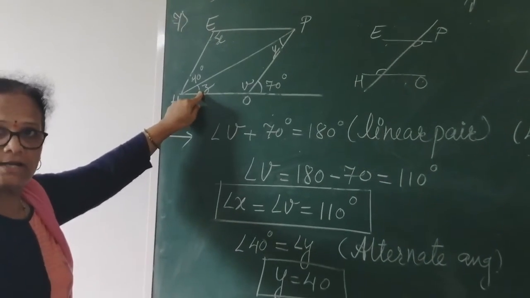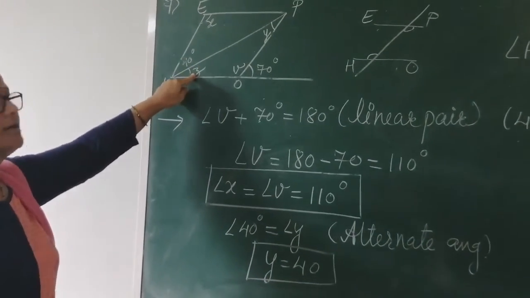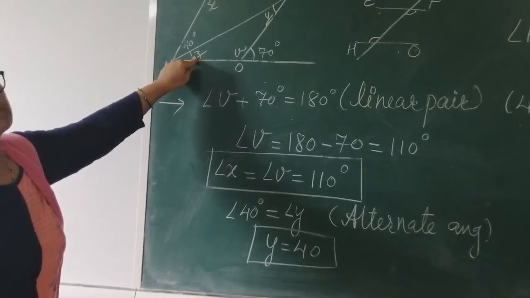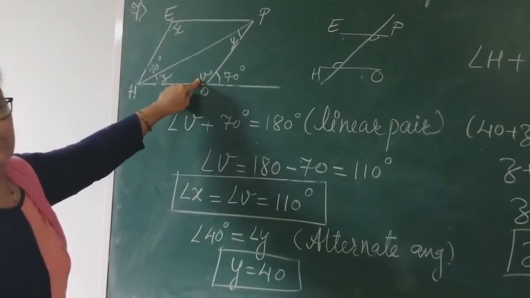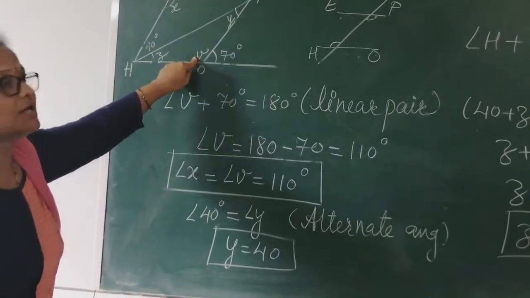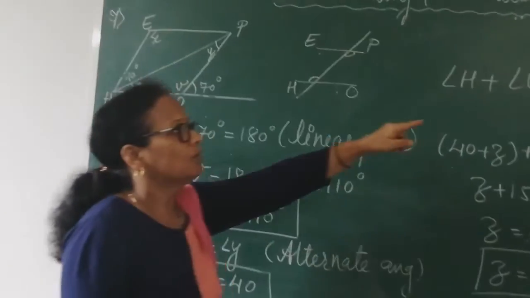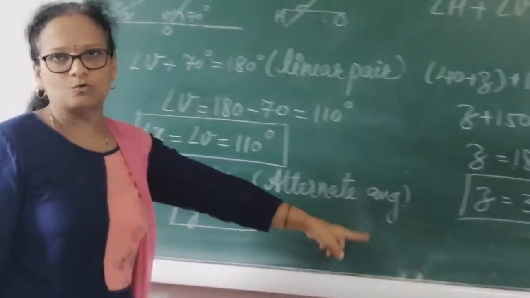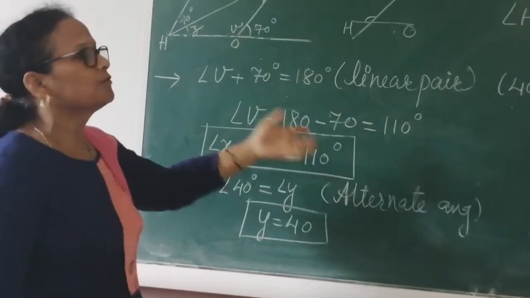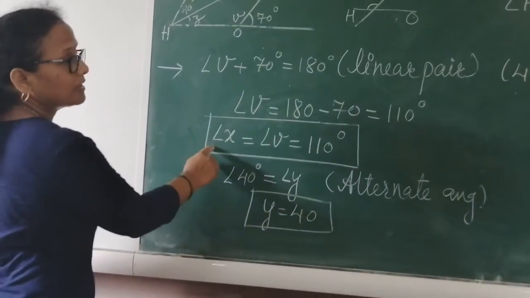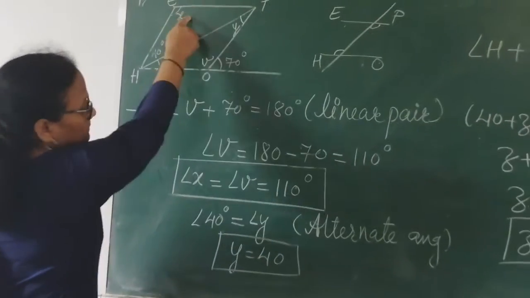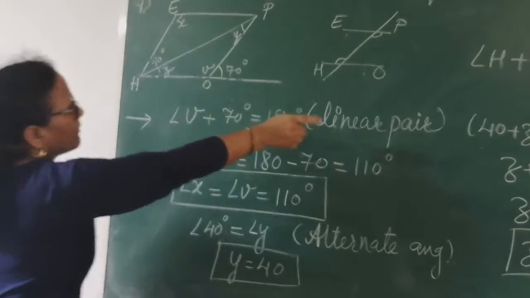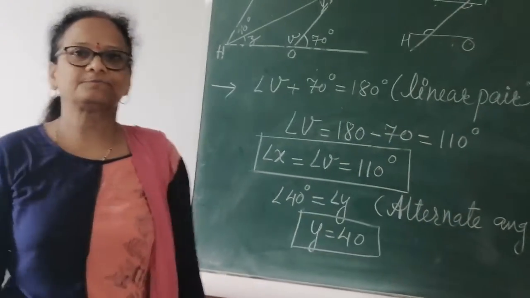Okay, now see, Z is equal to 30, that means 40 plus 30 is equal to 70, and this is 110. So 110 plus 70 is equal to 180. Directly you can apply the rule from the parallelogram and you will be able to find the answer. Now here we got the value of X, then value of Y and value of Z. Okay.